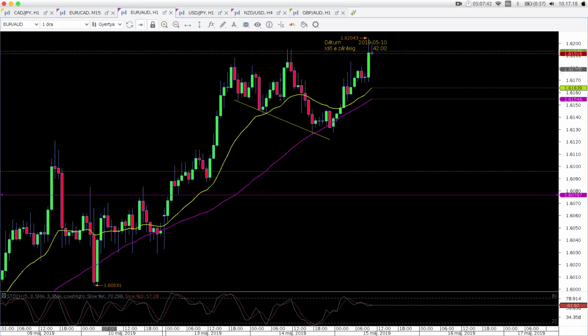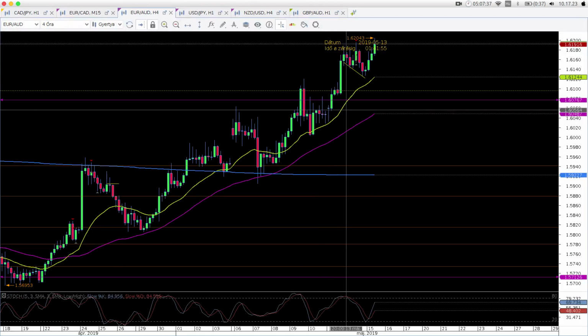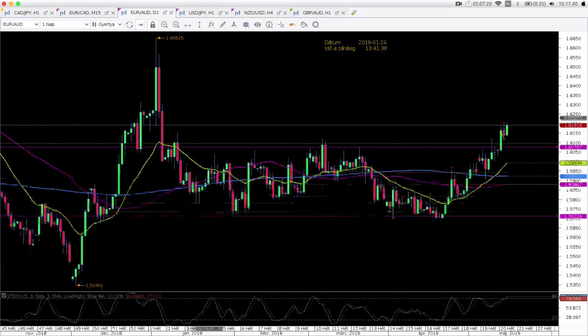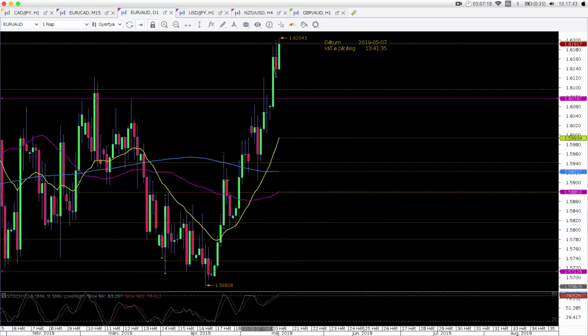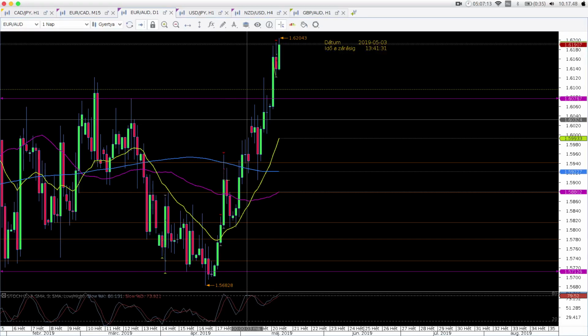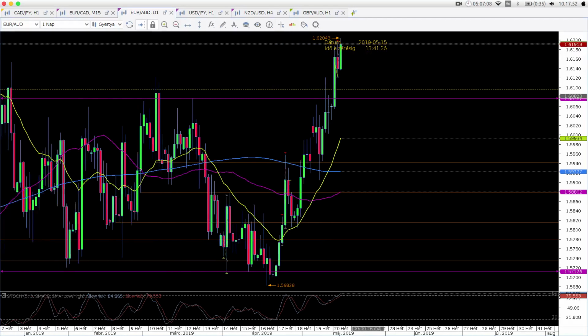But when I look at the chart, I saw that the price is in an overbought condition, and I saw some kind of divergence on the daily. So it was meaningful, because in that range there are sellers and an overbought situation. So I waited for some kind of move like this because of the overbought situation.